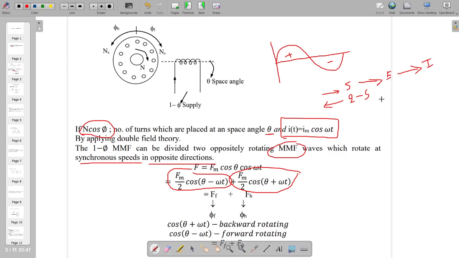So in order to rotate the rotor, we need to apply an external force, or we use starting methods. The two main popular methods are the small pony motor and the auxiliary winding.